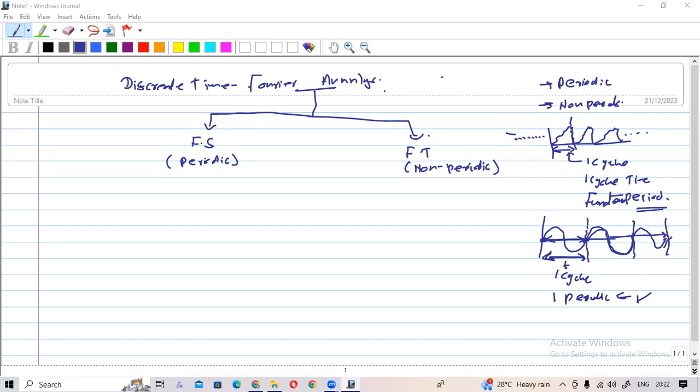Okay, so now as I told you, we are in Fourier analysis. Fourier analysis is actually a very powerful tool to analyze signals.